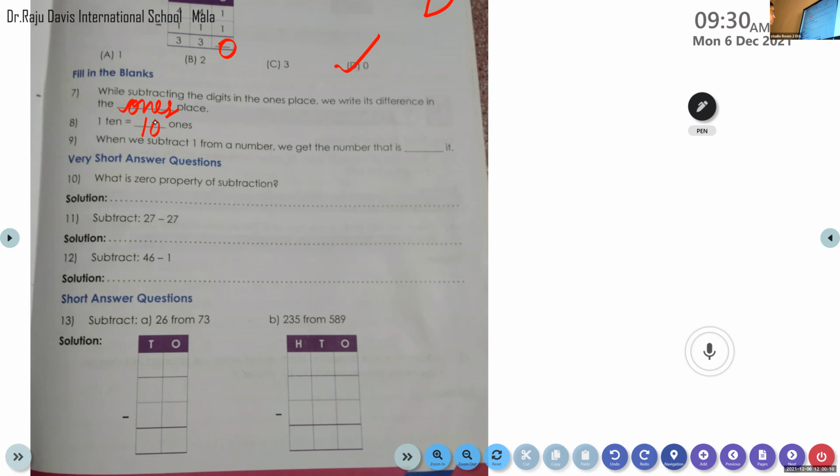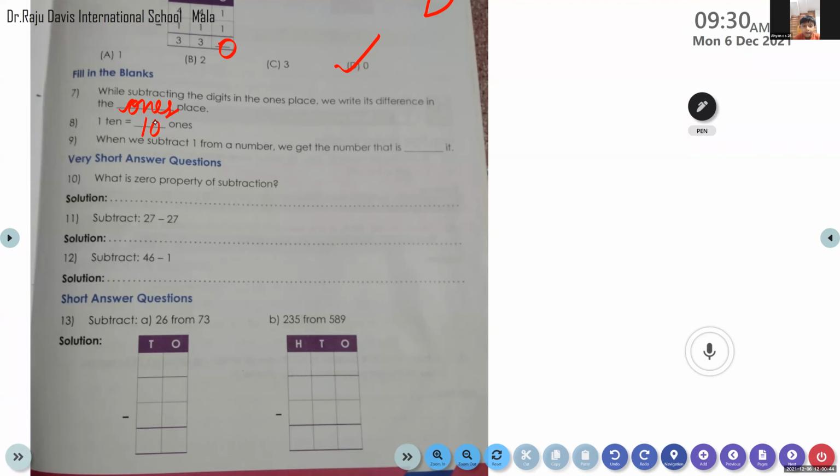When we subtract 1 from a number, we get the number that is just before it.